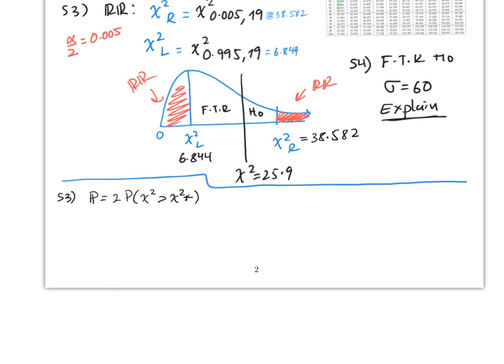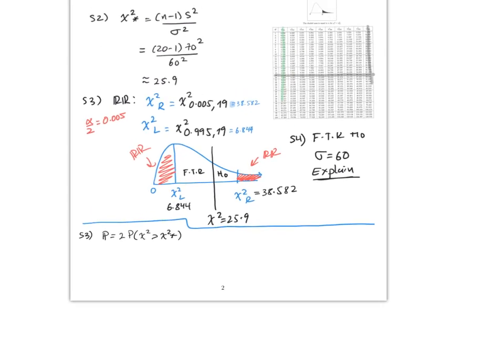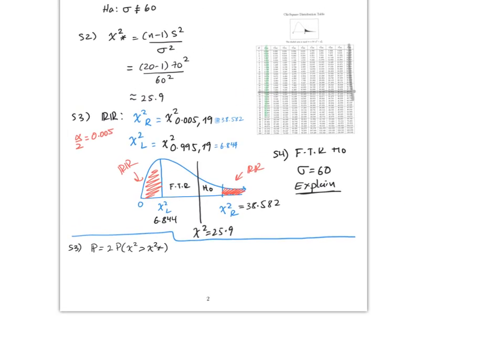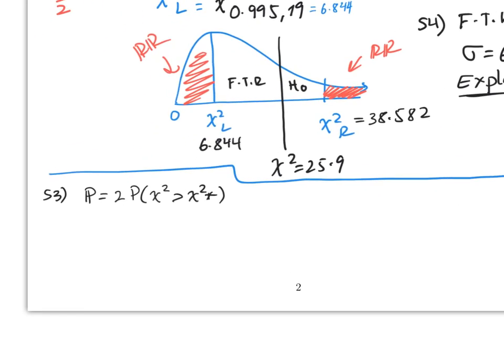And the reason why we're using greater is because the sample standard deviation is greater than the population standard deviation. Otherwise, this will be less.